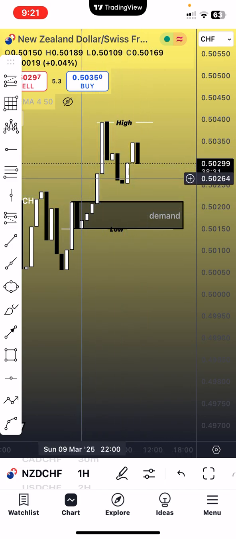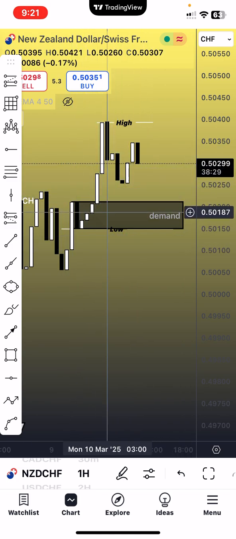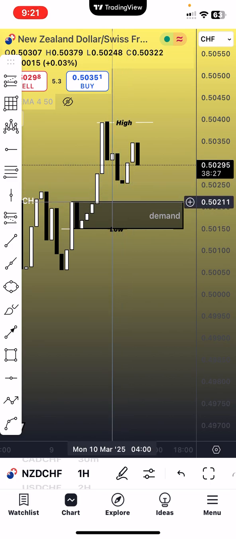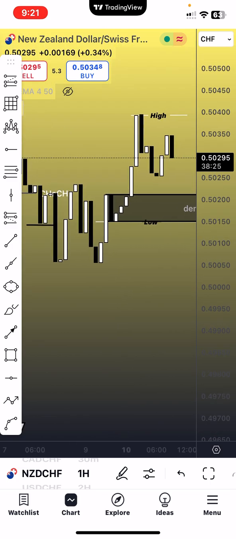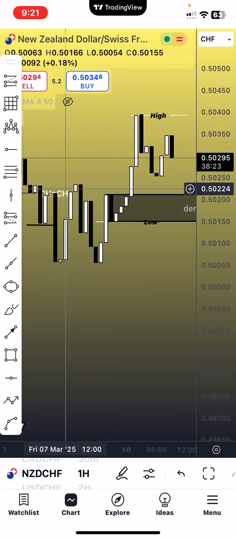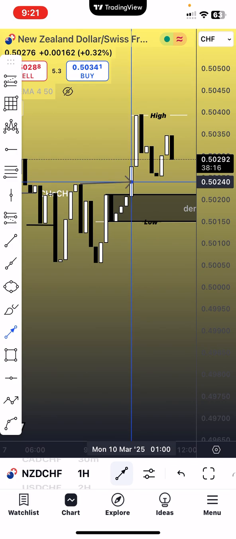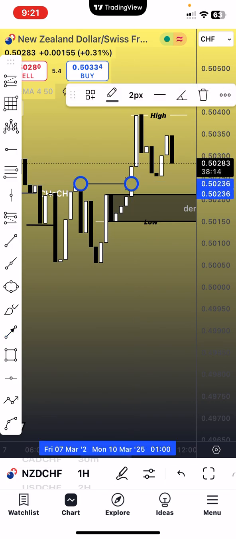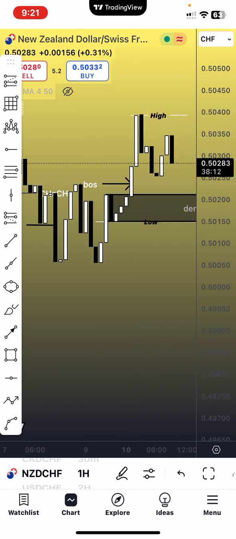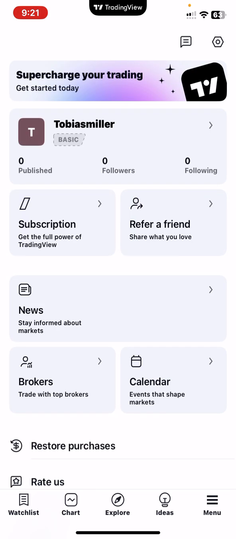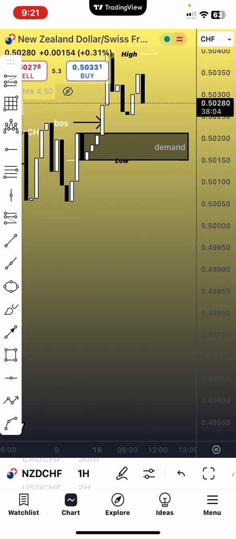I'm just showing you how to identify it correctly on the lower time frames, and actually follow structure all the way back. Because like I said, we have a change of character right here. We have a confirmation of a breaker structure right here. Now, like I said, we can even go as far as to see if this is within discount.